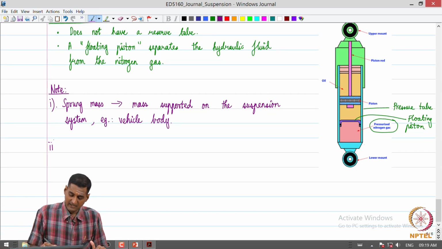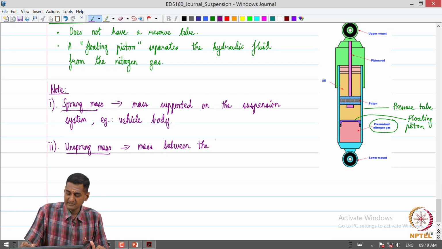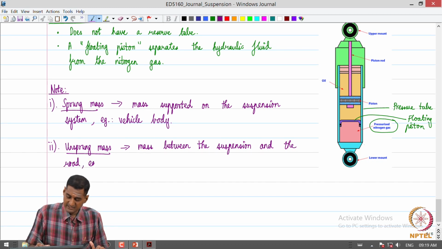The term unsprung mass is what is between the suspension and the road. It is indicative of the mass between the suspension and the road. So, what can the unsprung mass include?